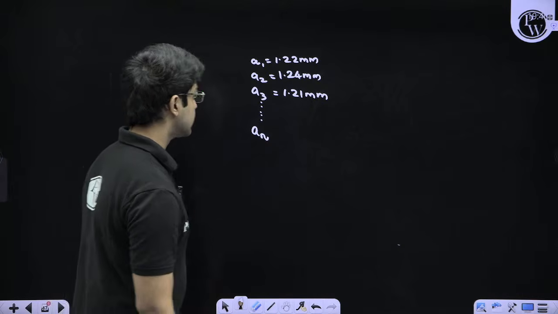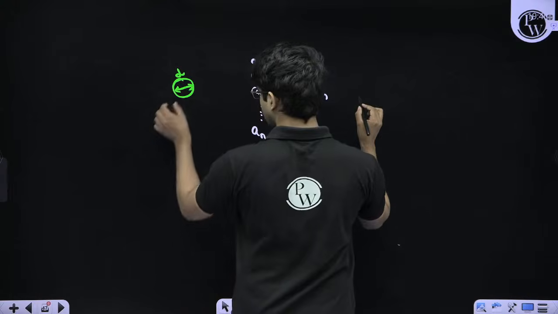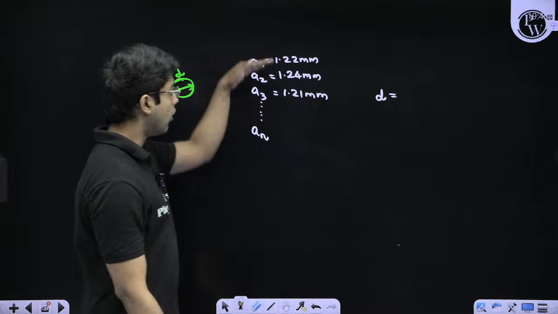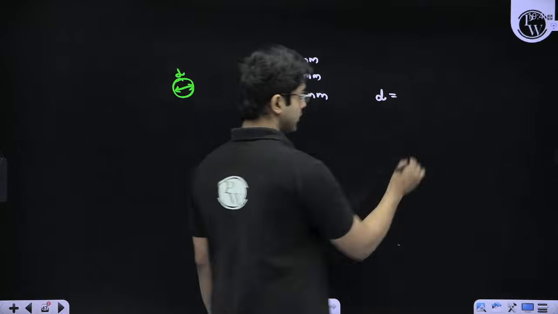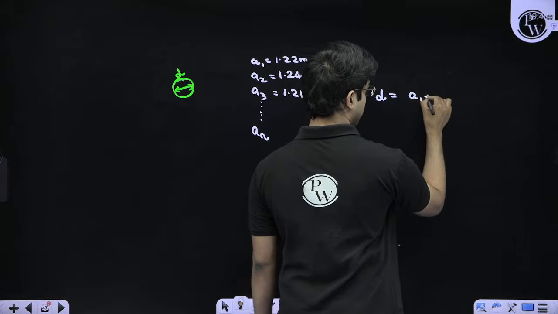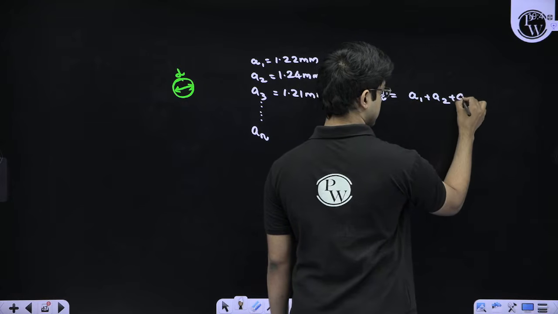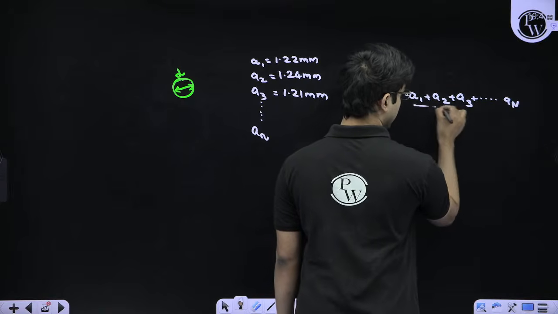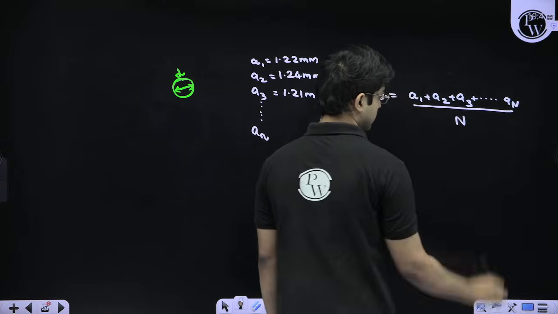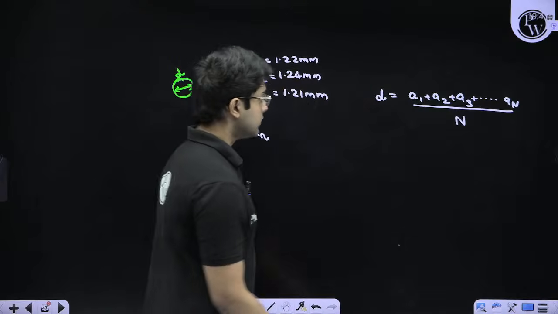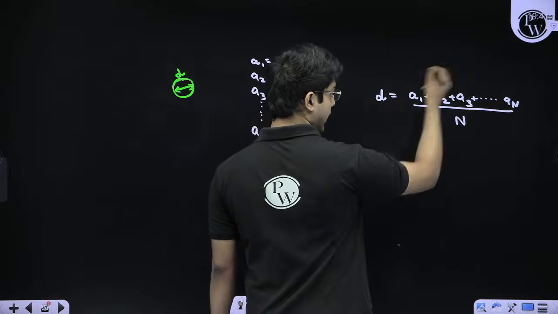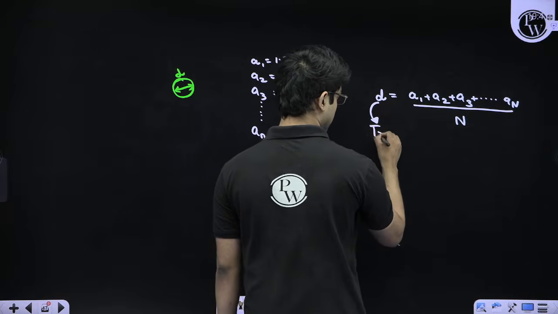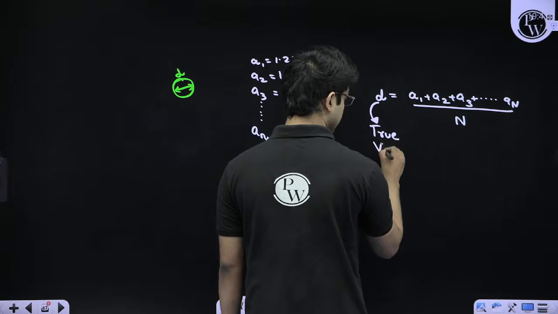If the actual diameter is d, then we take the average of all the readings. How do we take the average? We add them all up, a1 plus a2 plus a3 plus however many readings you took, divided by the number of readings. This average value of n readings, we just consider it as the true value.